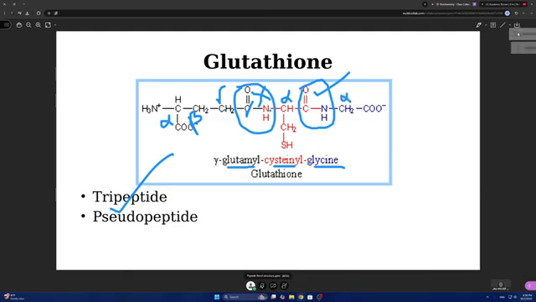The peptide bond should be linked with alpha carbon respectively to their amino acids. However, in this bond, the carboxyl group is attached with the gamma carbon, not the alpha carbon. This is the reason it is a false peptide bond, but it is a peptide bond.